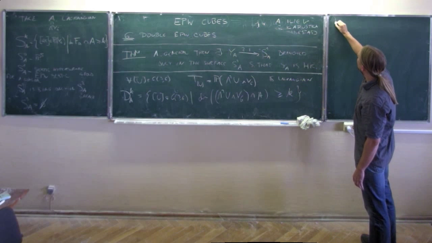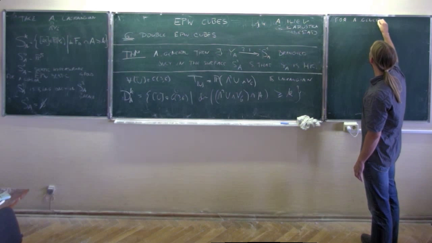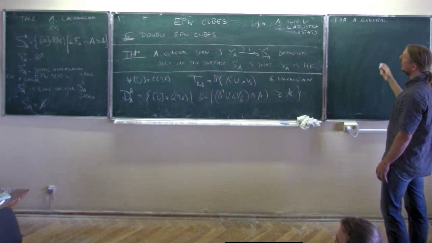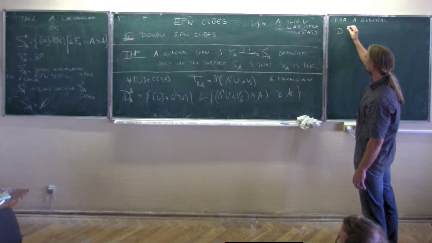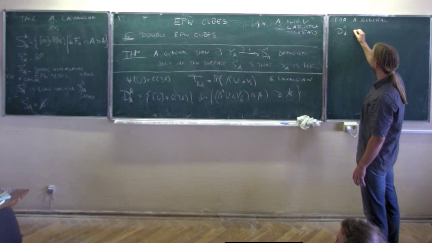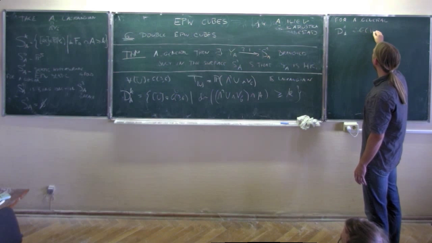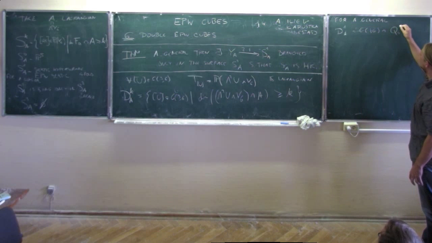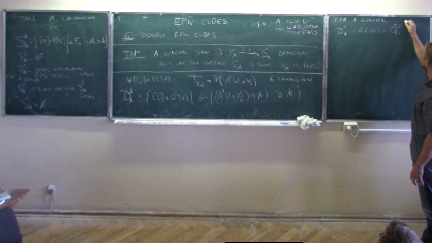So for A general, and in fact we can be more explicit here. But yes, I will be more explicit later. We have D1A is just a hypersurface in G36. So it's in fact G36 intersected with some special quartic.